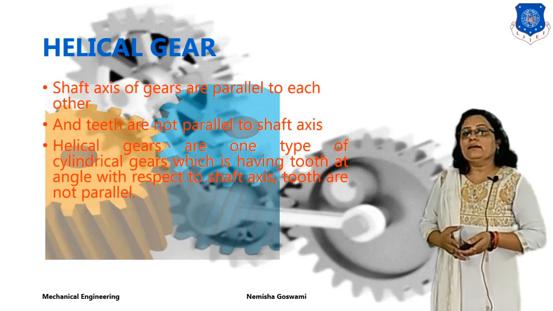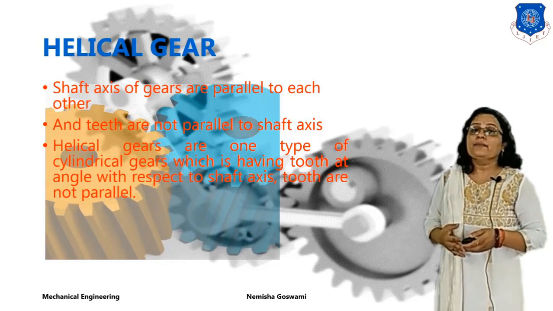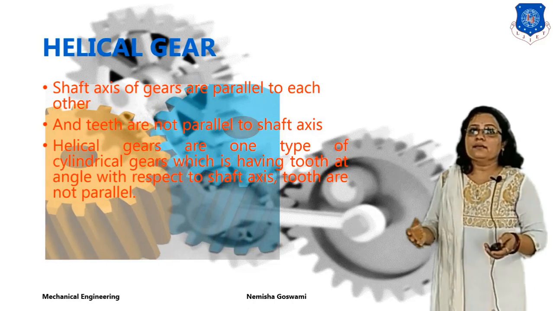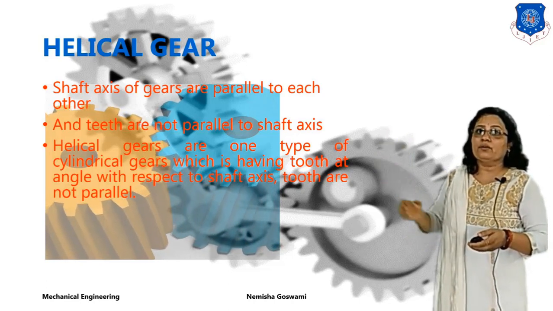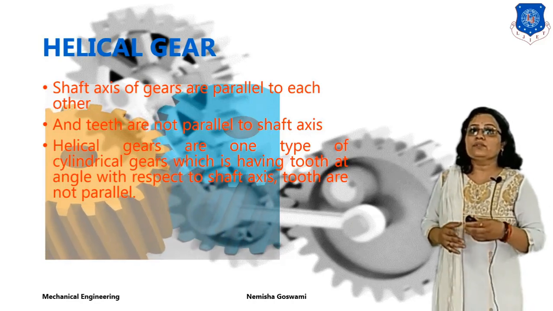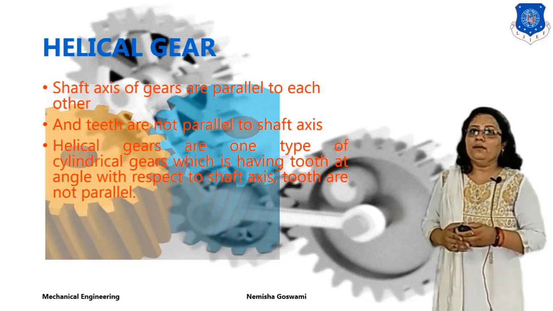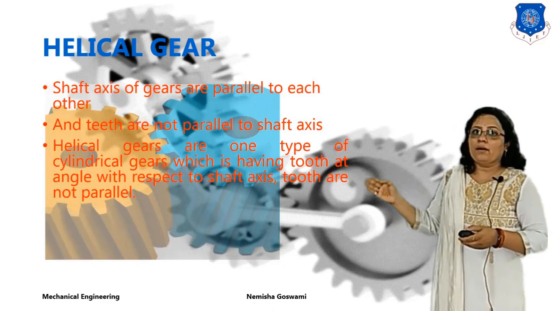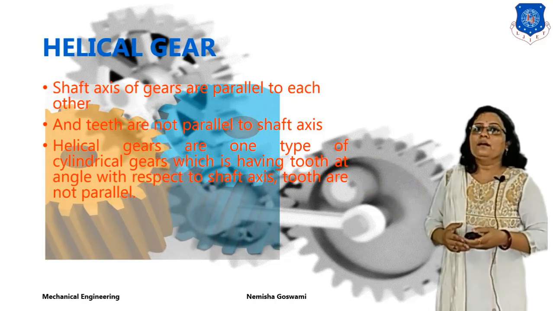The basic difference between spur gear and helical gear is that in the case of a spur gear, sudden engagement and disengagement generally takes place. But in the case of a helical gear, because the teeth are not parallel with respect to the shaft axis, there is smooth engagement and disengagement. Due to that, they are quiet in operation as compared to the spur gear.